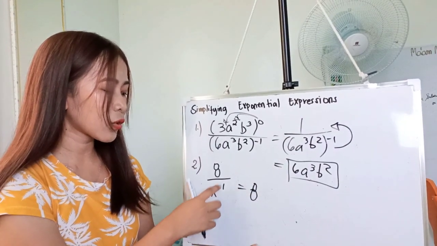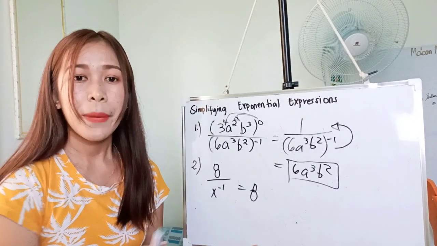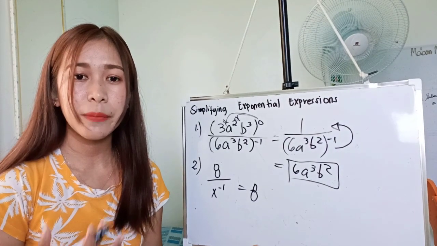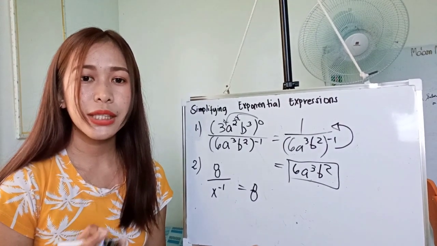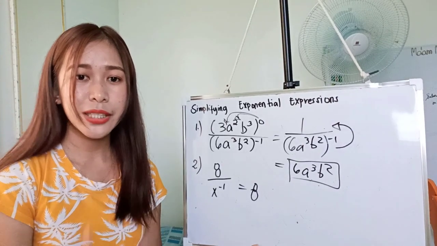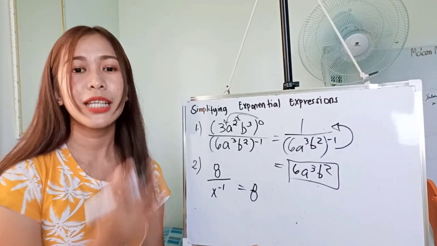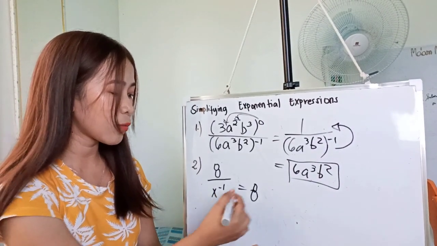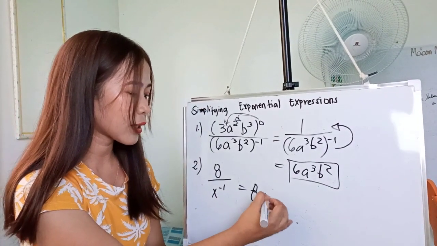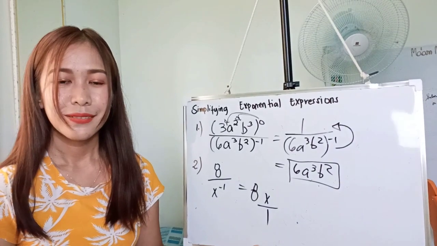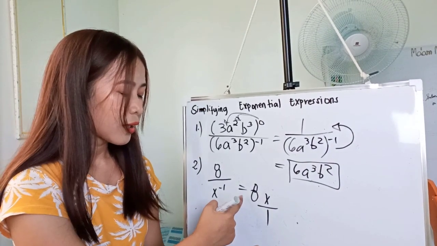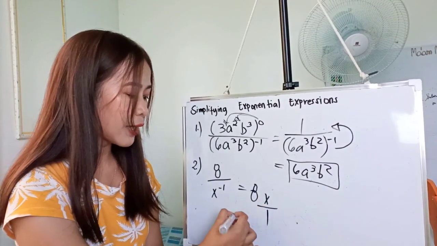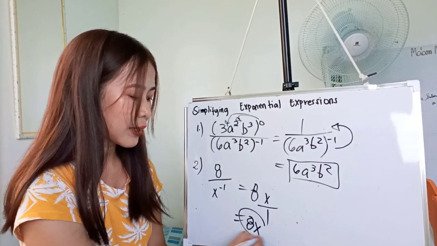And then x raised to negative 1 nasa denominator, para maalis si negative sign or negative exponent, ilipat siya sa taas kasi nasa baba siya, di ba? Kung nasa taas siya, ililipat mo siya sa baba para maging positive. Therefore, x raised to negative 1 is magiging x over 1. Right? Then right after that, 8x over 1 is equal to 8x.